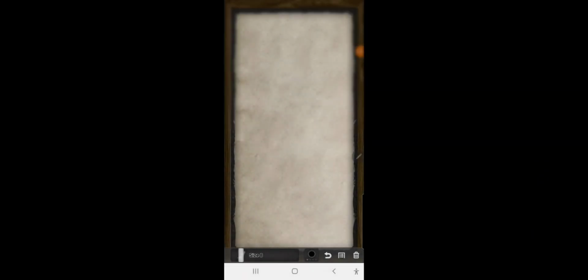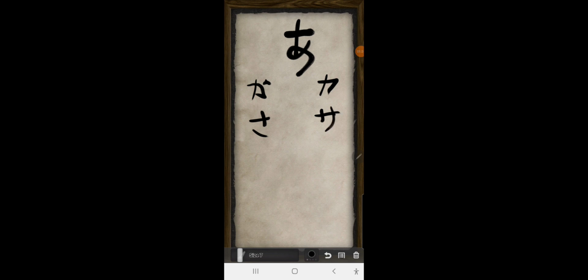The first sound column we're going to review is, if you remember, A. Then we have Ka, and we're going to put Ka. Then we're going to have Sa in Hiragana and Sa in Katakana.